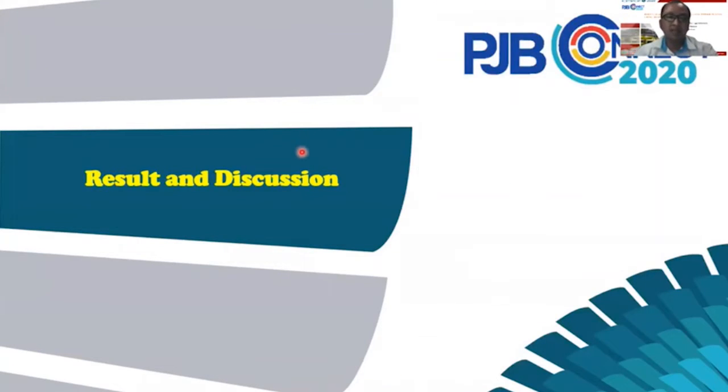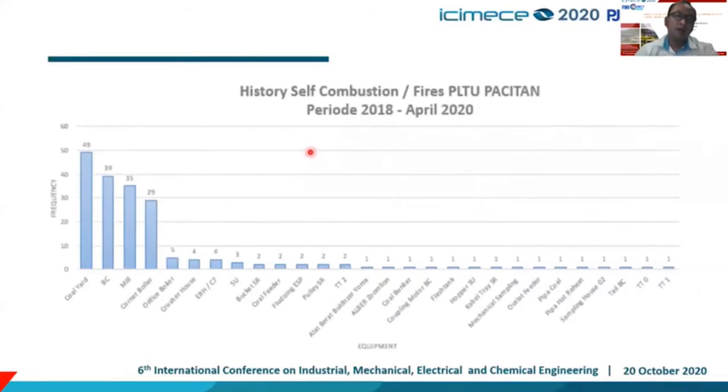For the result and discussion, we have the history of self-combustion at Pacitan Power Plant for the period 2018 until April 2020.